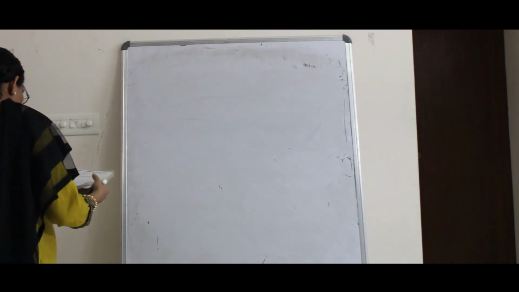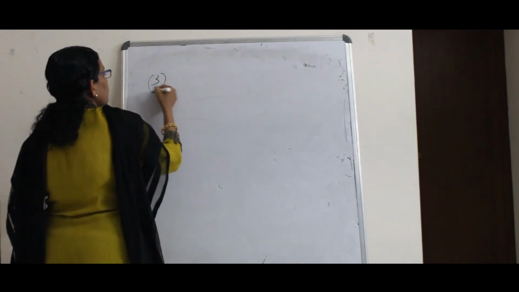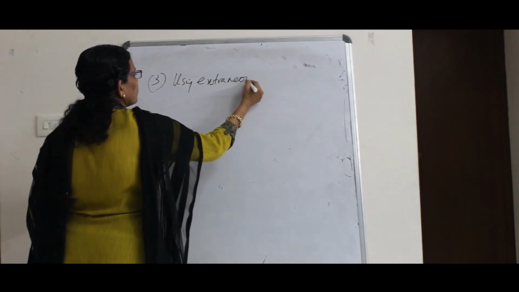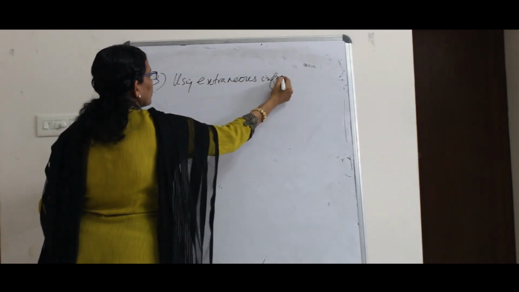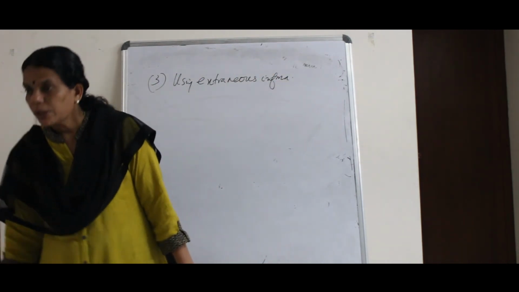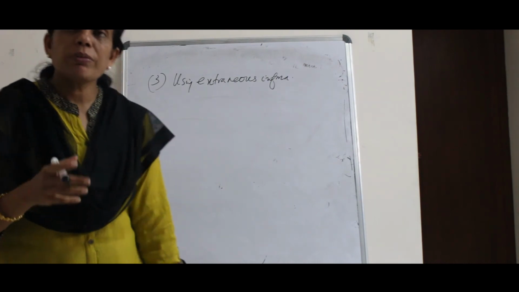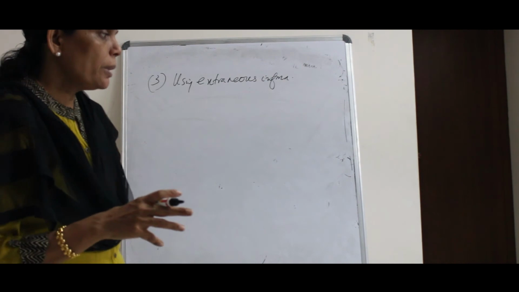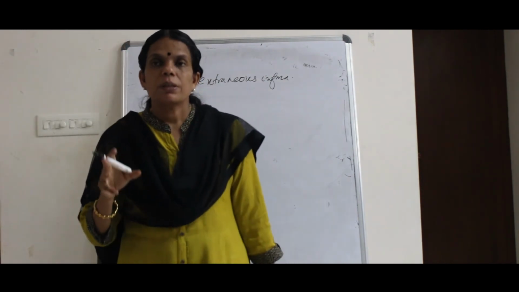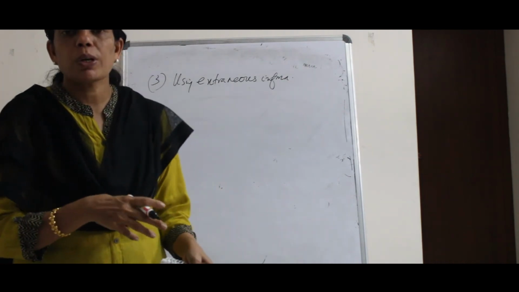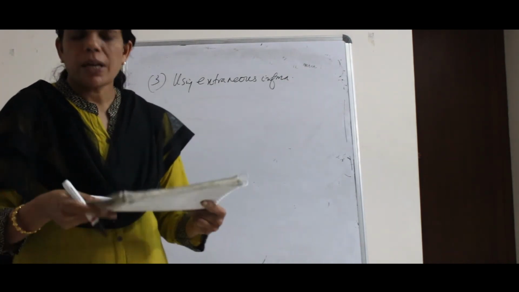And now the most important method is the third one, using extraneous information. Using extraneous information means that from the theoretical model or from some study which has already been done, you will be able to estimate one coefficient, and that coefficient can be used in this model, and then you can estimate the other coefficient.